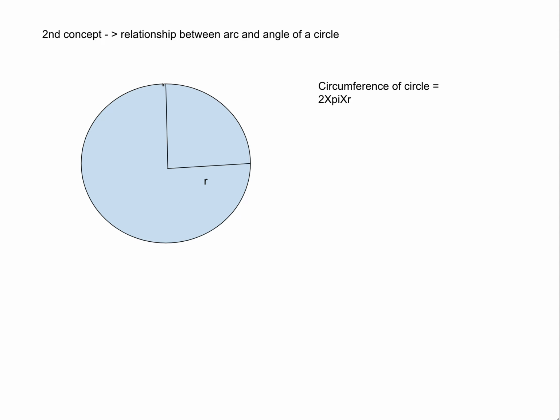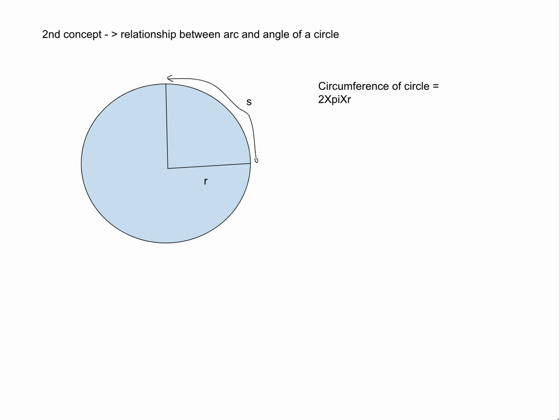Okay, so we can denote the arc as s, or the distance of this arc. So I'll just write s over here, and this is r, the radius, and this is the angle basically.